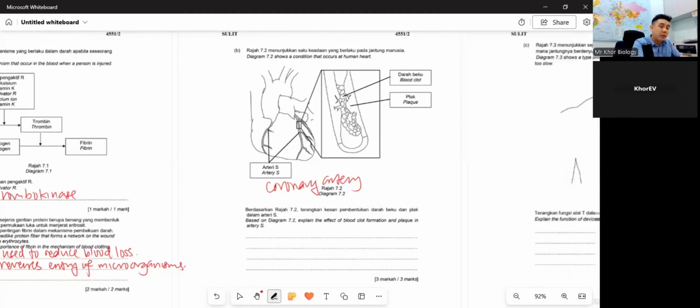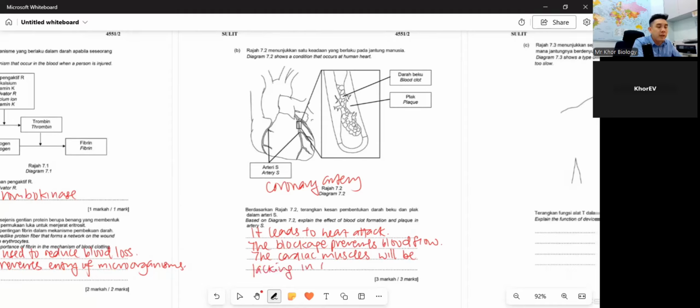So explain the formation of the blood clot. We say it leads to heart attack because the blockage prevents blood flow, and the cardiac muscles will be lacking in oxygen.